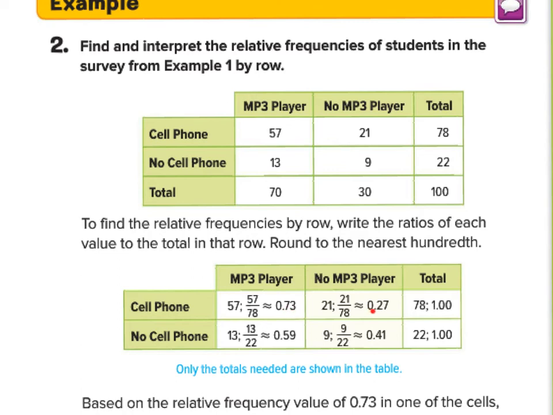And over here with no MP3 player, we have about 27%. Okay? 78 being our whole, our total. And so on. So for no cell phone, you can do the same: 13 out of 22 and 9 out of 22. Okay? And you get your percentages, 59% and about 41%. Only the totals needed are shown in the table.